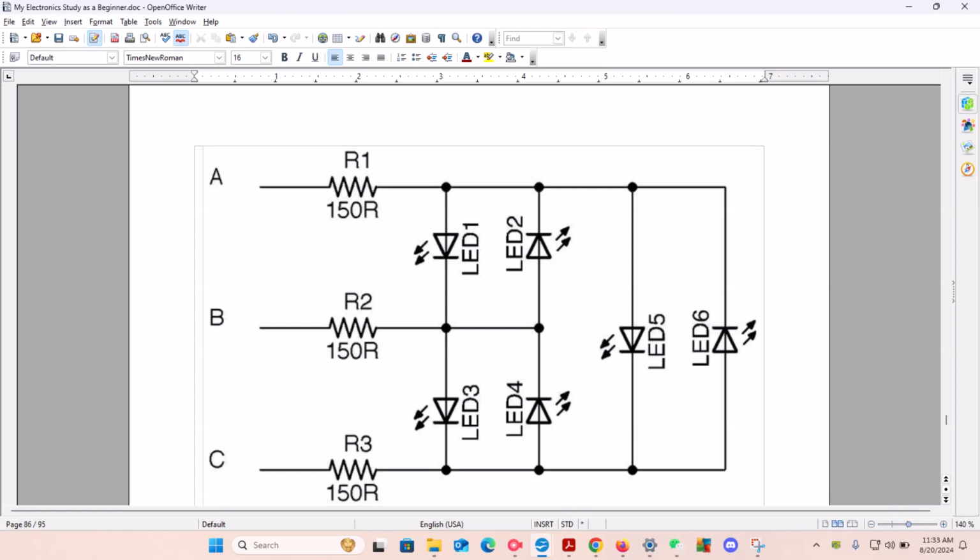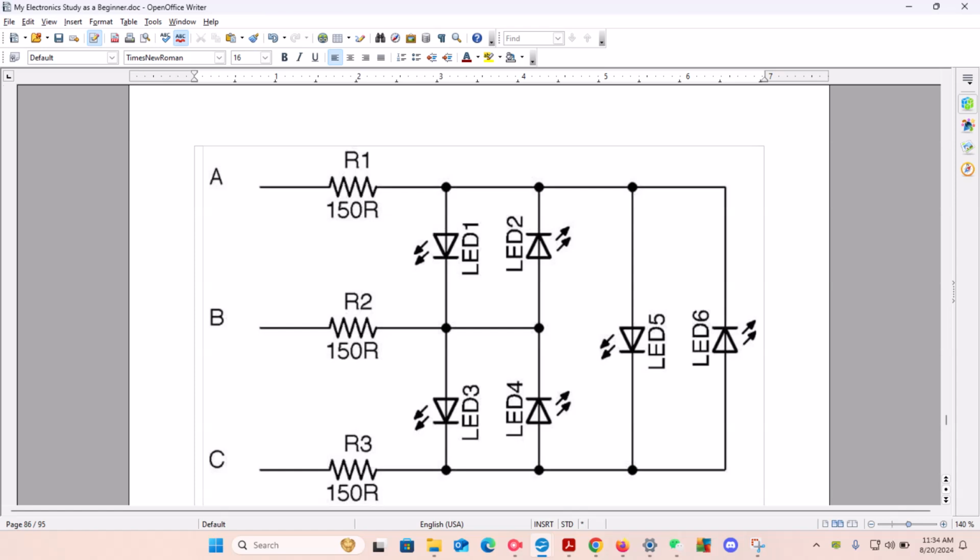Each of A, B, and C, as it comes in for each resistor, is 150 ohms of resistance. The second one, B, will go to LED 2. Notice that the current flow is going out. For C, we have the same resistance, 150 ohms, going to LED 3 and LED 4.